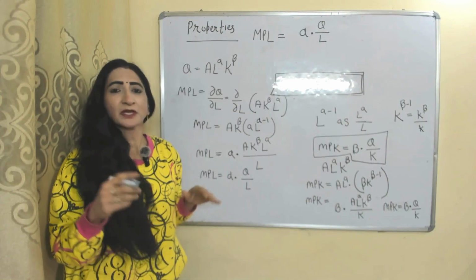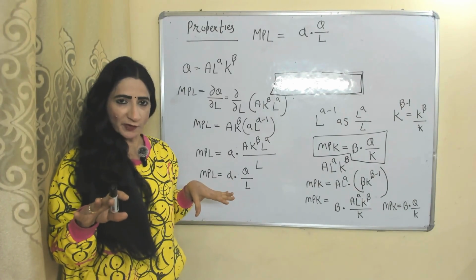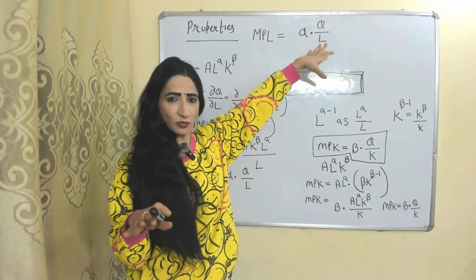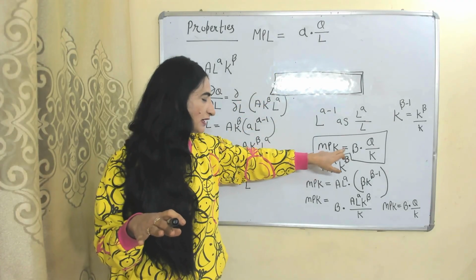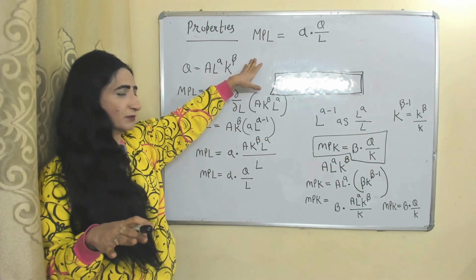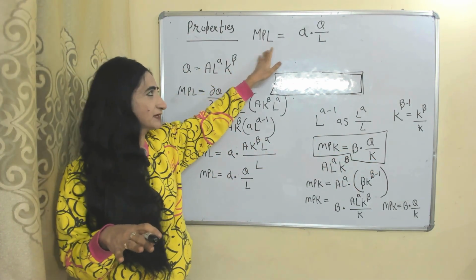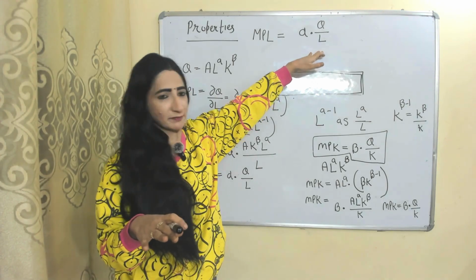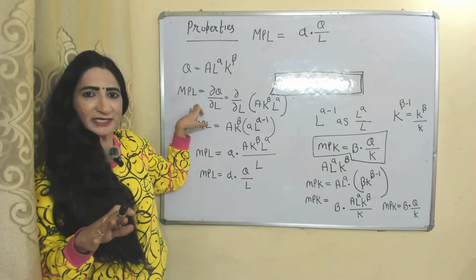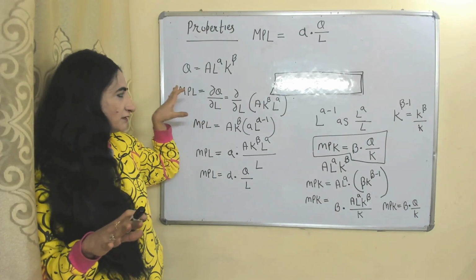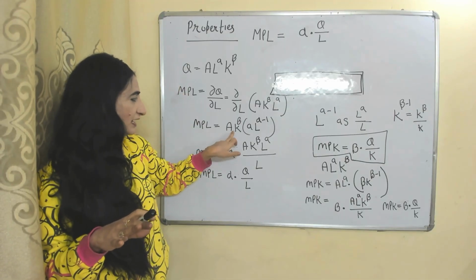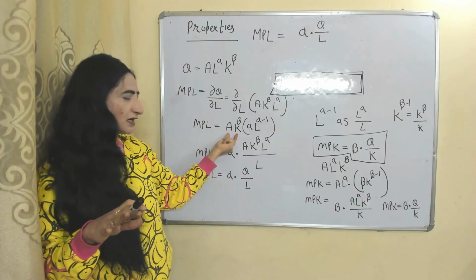Next property, according to Cobb-Douglas production function, marginal product of labor is equal to alpha into Q over L, and marginal product of capital is equal to beta into Q over K. First of all, we will see how marginal product of labor is equal to this one. This is our production function. We will do partial derivative with respect to labor. When we do partial derivative with respect to labor, then A K to the power beta will come out.